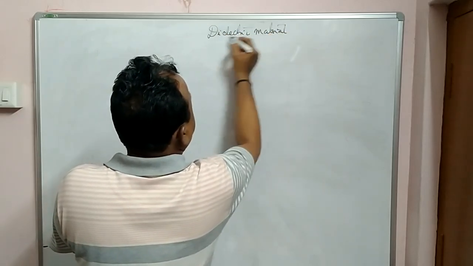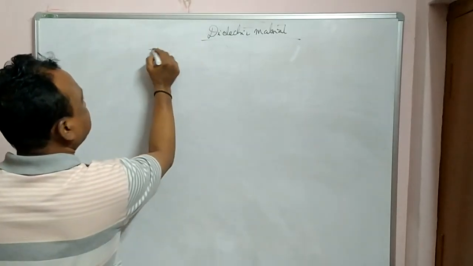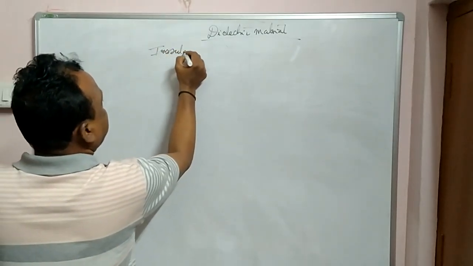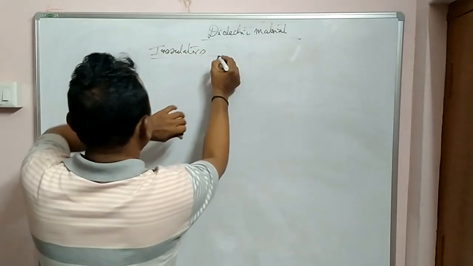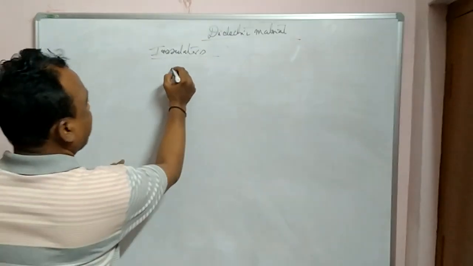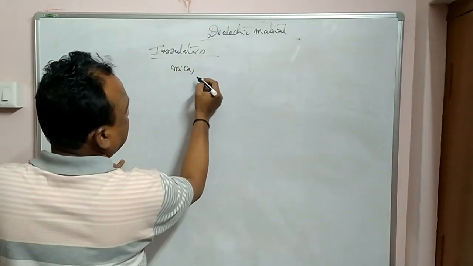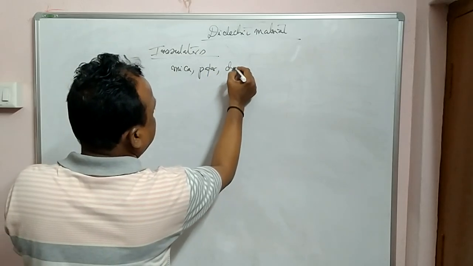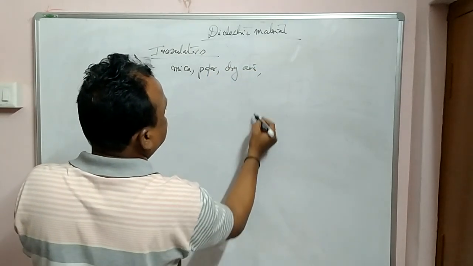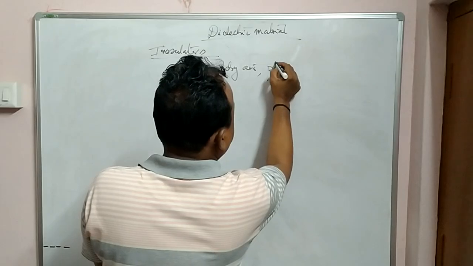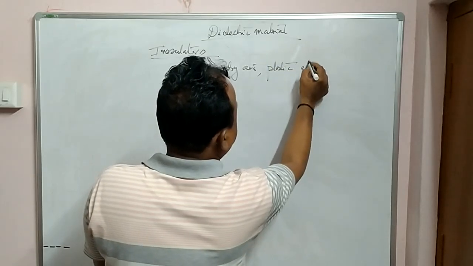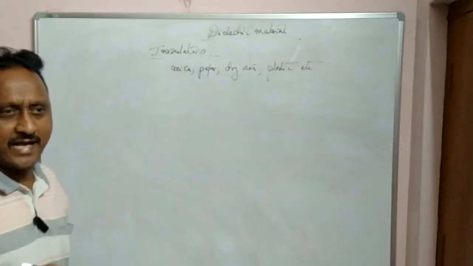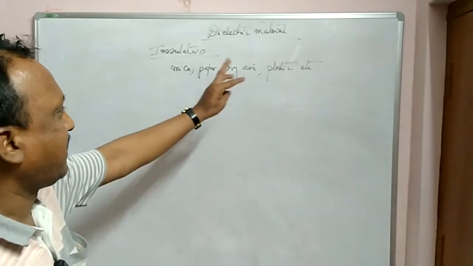Generally these act like insulators. For example, mica, sometimes paper is also taken as a dielectric, dry air, plastic, etc. These are the general dielectrics used between two parallel plate capacitors.